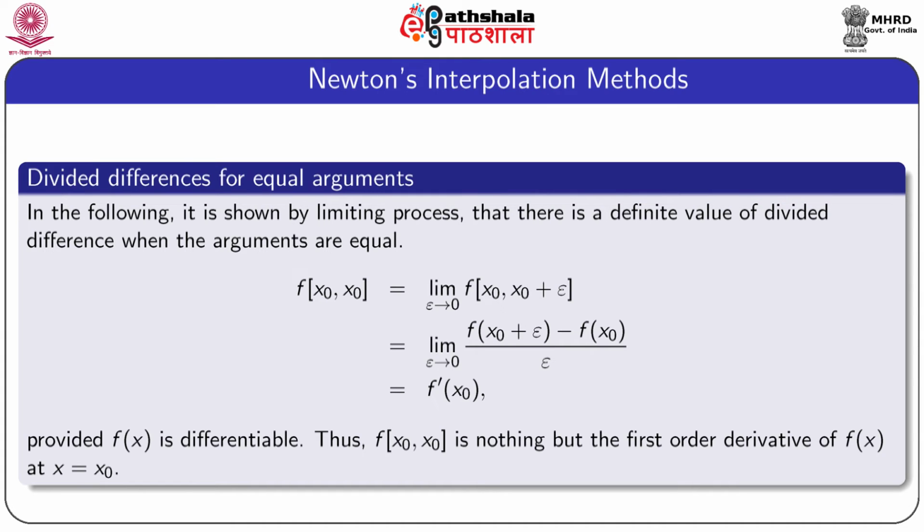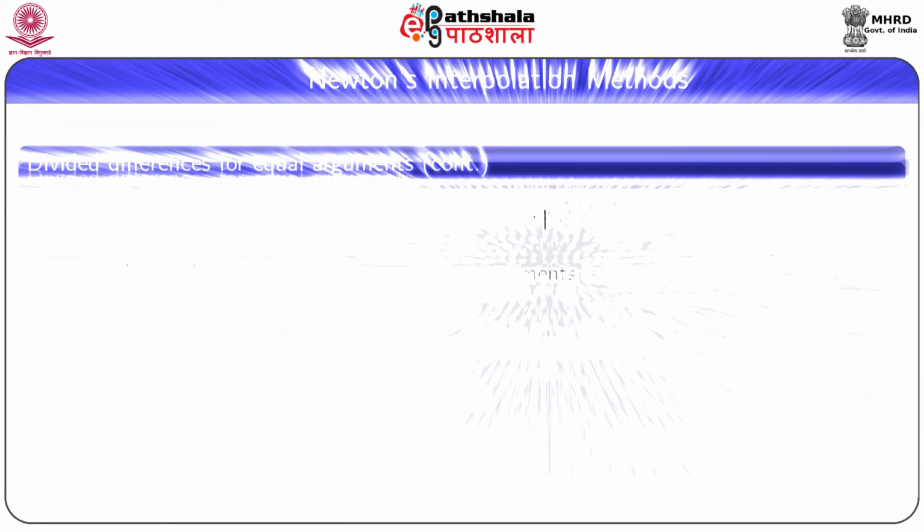That means, this is the first order divided difference for the arguments x0 and x0 plus epsilon, where epsilon is very small. According to the definition, this becomes limit epsilon tends to 0 of f of x0 plus epsilon minus f of x0, whole divided by epsilon, and this is nothing but the derivative of f at the point x0. That means, the first order divided difference for equal arguments is the first order derivative of the function f at the argument x0.